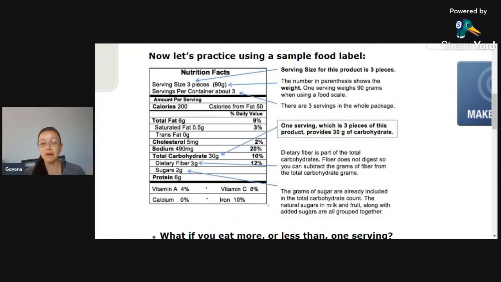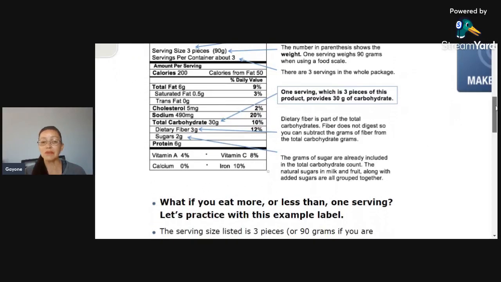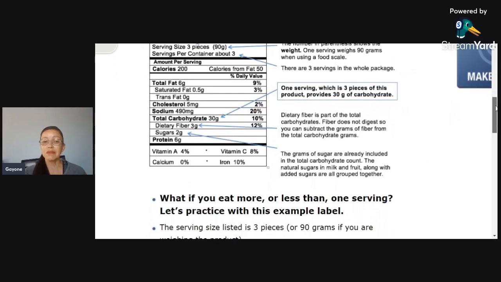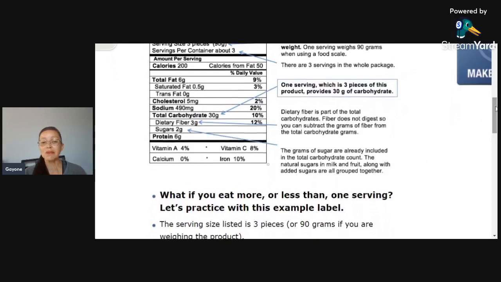In this case, 30 minus 3 is actually 27 grams of total carbohydrates. So remember that. Always subtract the fiber from your total carbohydrates to really get the accurate number of carbohydrates. So you actually have 27 grams of carbohydrates because you're subtracting the 3 grams of fiber. Remember that, okay?